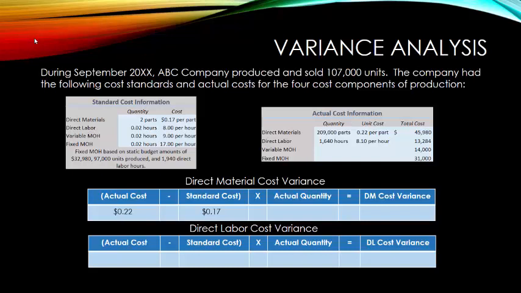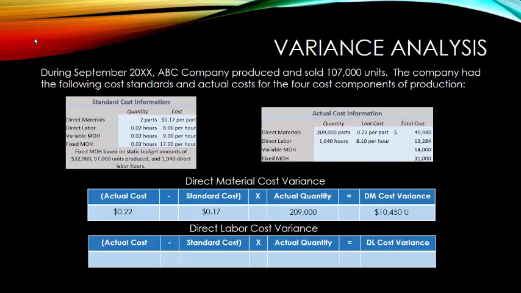Well, if we multiply that by the actual amount of parts that we used, which found in our actual cost information was 209,000, that's going to be a difference of $10,450. So that is the portion of cost variance from our budget to our actual results that we can attribute to the fact that we paid a different amount for materials than we budgeted for in the first place.